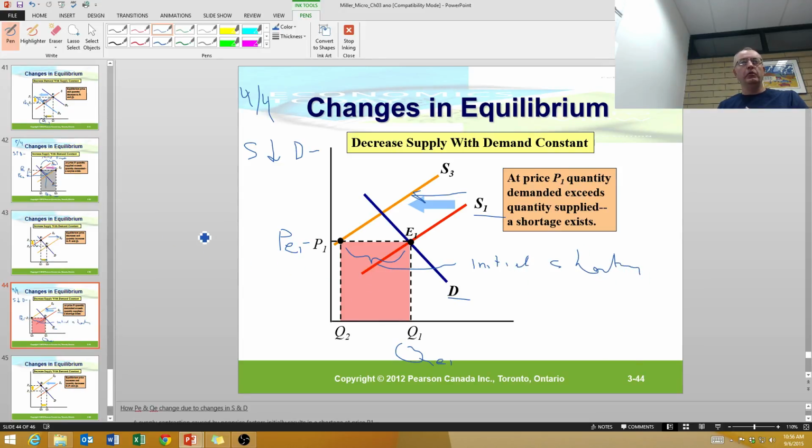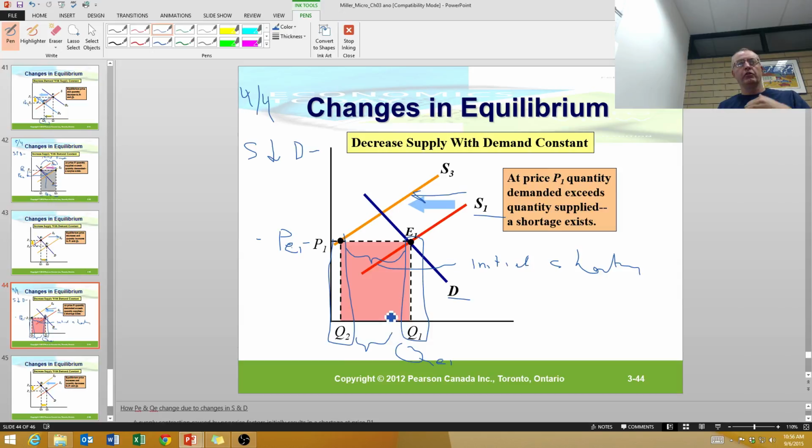Why? Because at P1 the market demands this quantity, but at P1 after the supply curve has shifted, suppliers are only willing to supply this quantity.